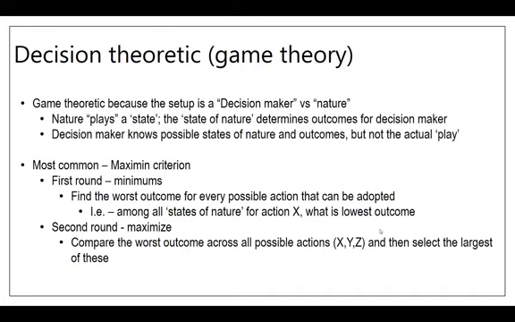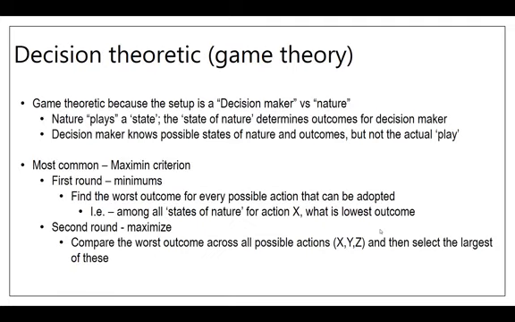Plus, there's always the fact that risk attitudes change enough across firms that it would be difficult to understand. So the second literature on risk really comes from a game theory side. It asks what strategies a firm might play in a game. They call it game theory because the setup is that there's a decision maker and there's nature.